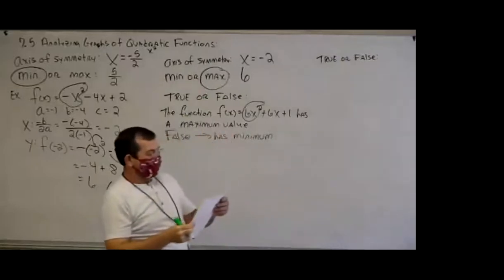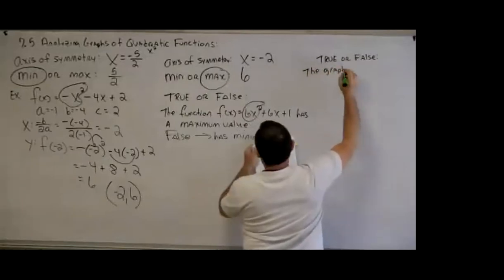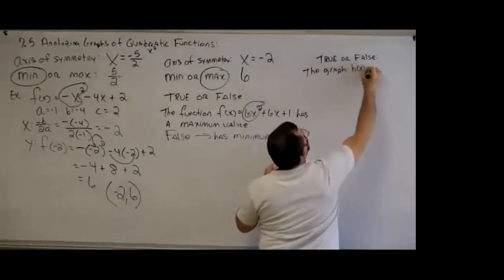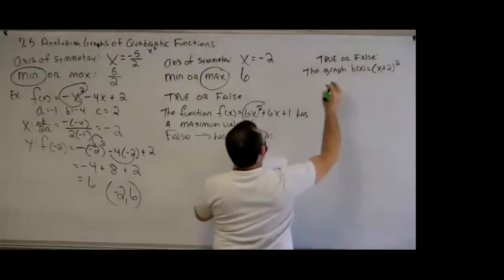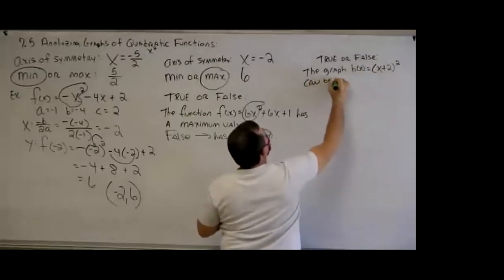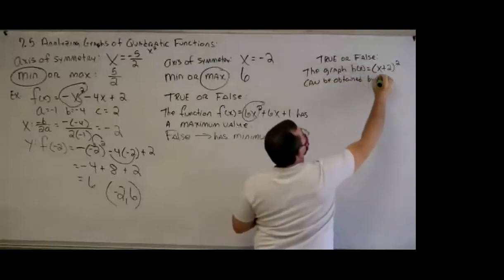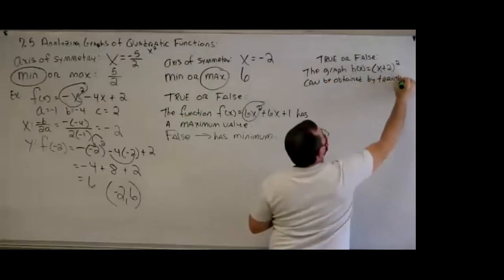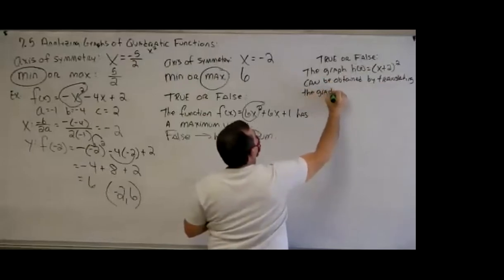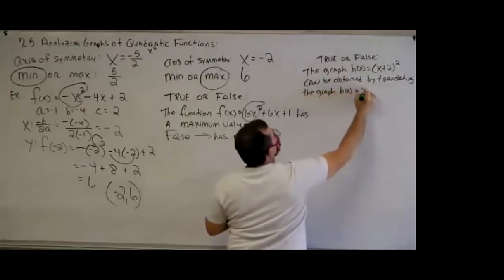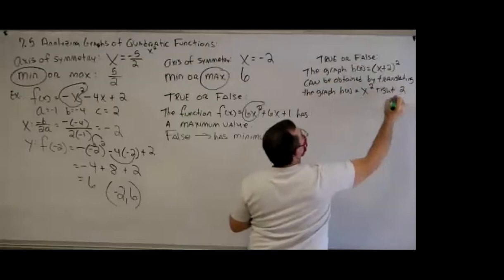All righty. The graph h of x equals x plus 2 squared can be obtained by translating the graph h of x equals x squared right 2 units.